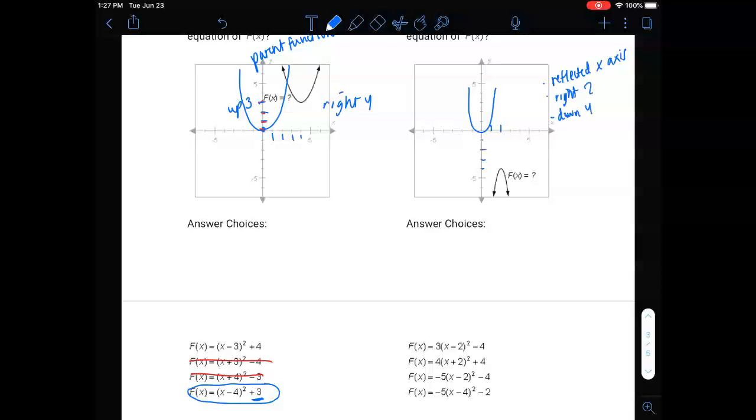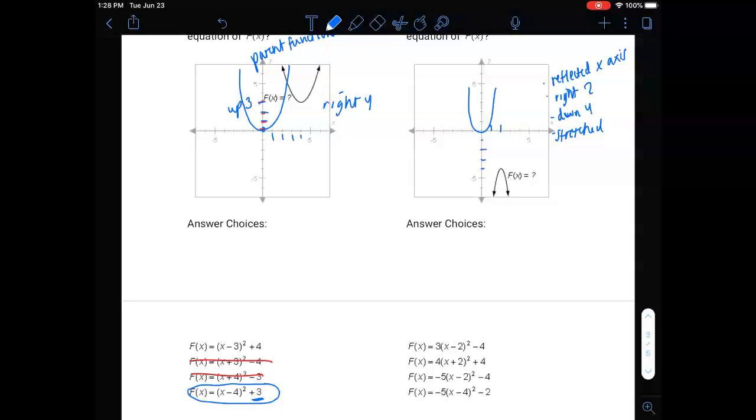Again, I'm taking inventory because that's going to help me narrow in on my answer choices. And it does look like it has been stretched. It's definitely a skinnier graph there.